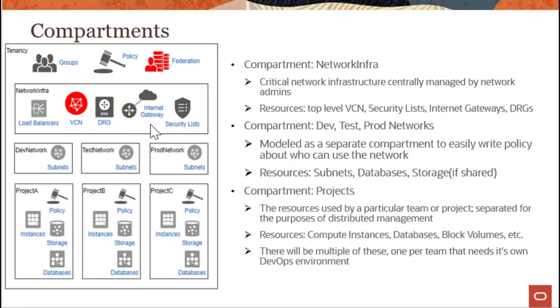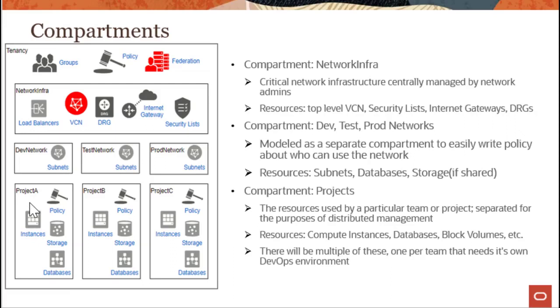We have internet gateway, as we saw before. Internet gateways provide access to the internet. Then we have security list. And then we have three other compartments called dev network, test network, and prod network, which contain specific subnets for these specific compartments. So you can see the policies can be written per compartment level very easily.